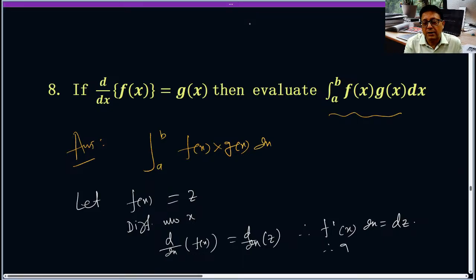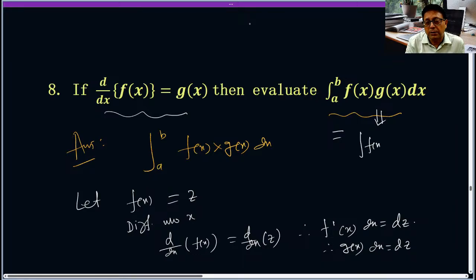Gx, isn't it? It is given over there. So gx dx equal to dz. Just put it there. Indefinite part if you do, then you will definitely change the limit. But here fx is z, gx dx is what? dz.